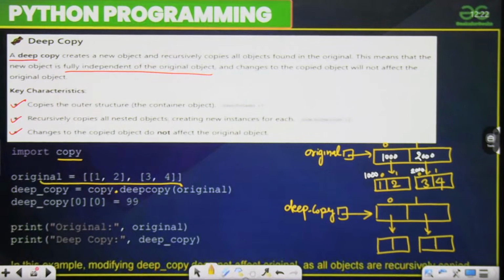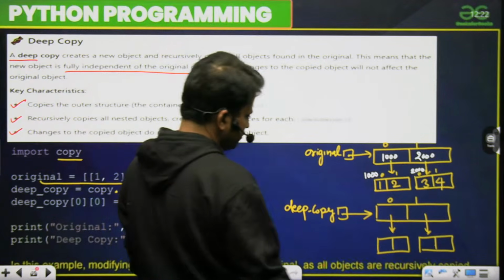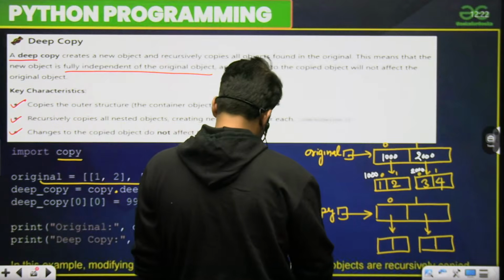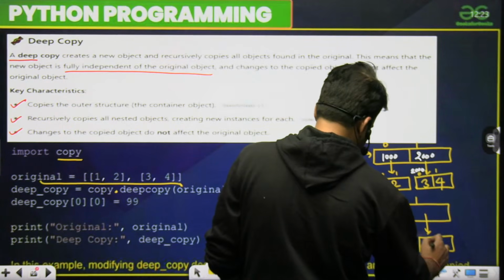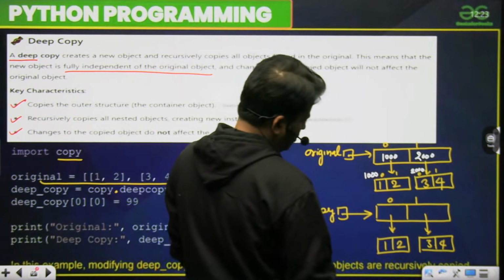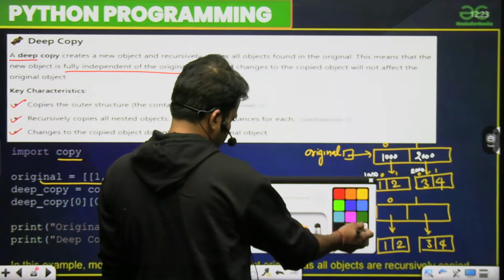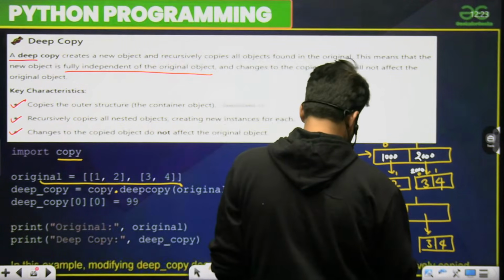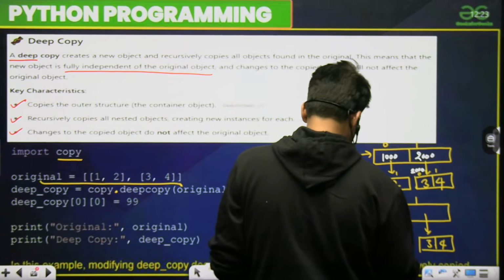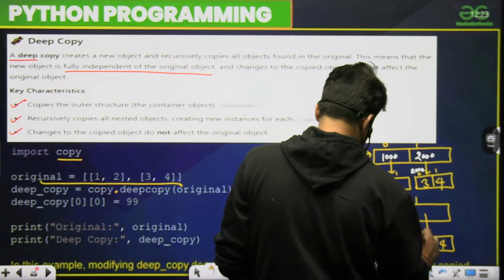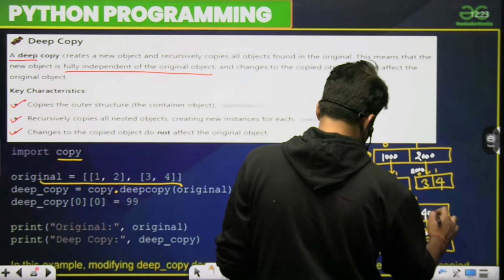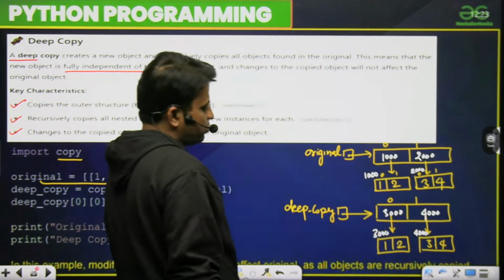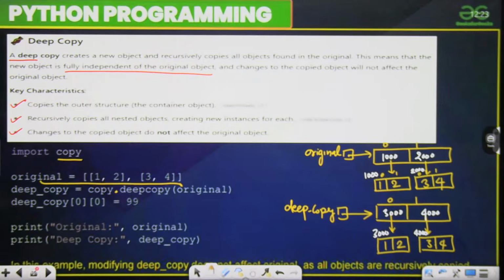Deep underscore copy. So this is 1, 2 and 3, 4. Okay. It creates a separate box for outer as well as for inner, right?